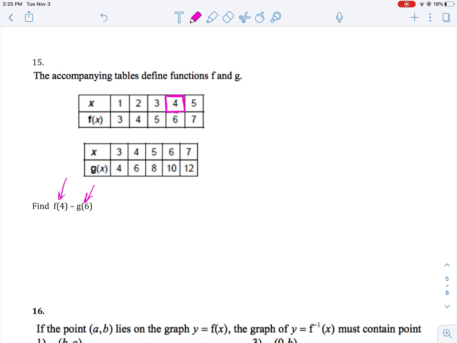When our input is 6, what is our output? So I'll highlight that in red. So our output for f of 4 is 6, minus, and then g of 6, when our input is 6, our output is 10. So 6 minus 10 is negative 4.